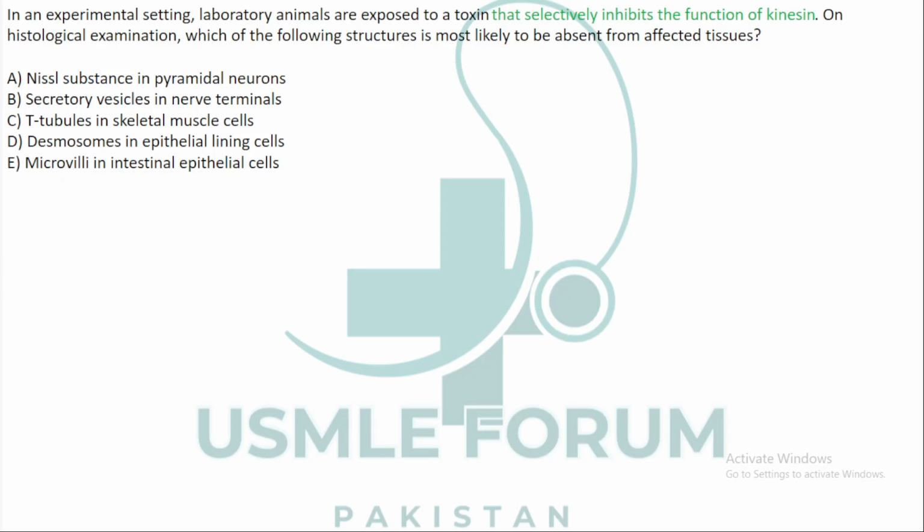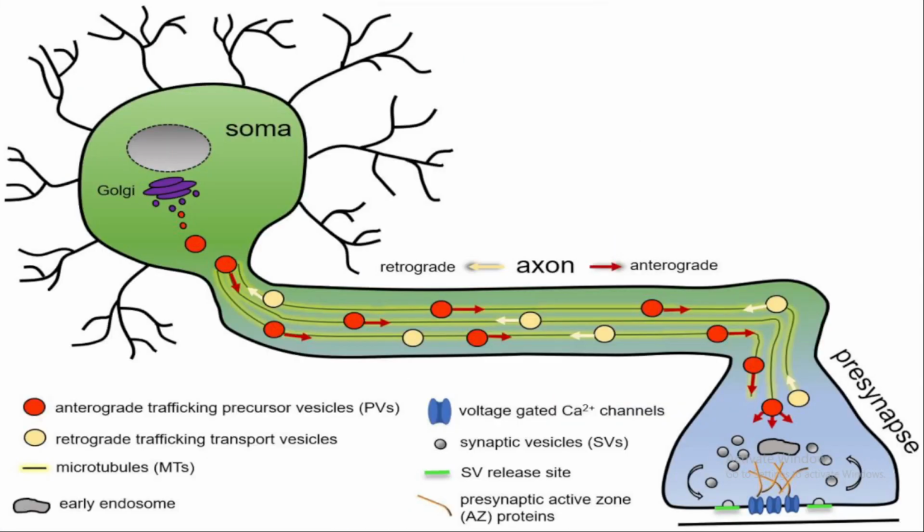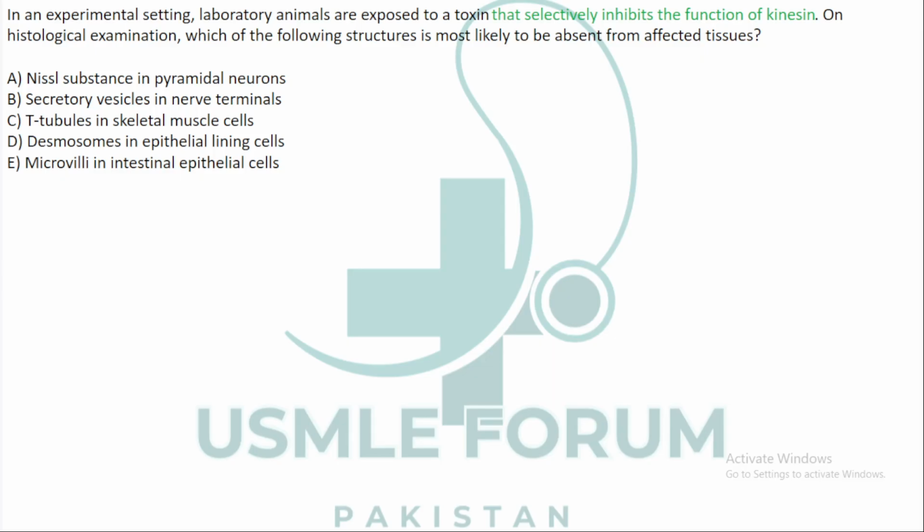These are cell to cell junctions formed in place, structurally integrated into the membrane. No need for kinesin based transport. Awesome. Option E, microvilli. Again, these are surface specializations formed locally by actin, not something needing kinesin to get there. So again, it's the wrong one.